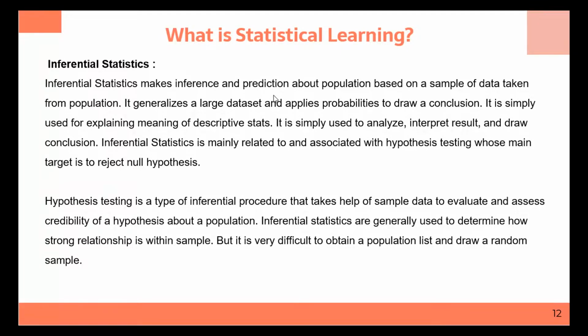It also says prediction about population. When it says also prediction, that means based on the data it has got in inference, it is also going to predict something. So understand what prediction is, because in AI you will definitely hear the word prediction.